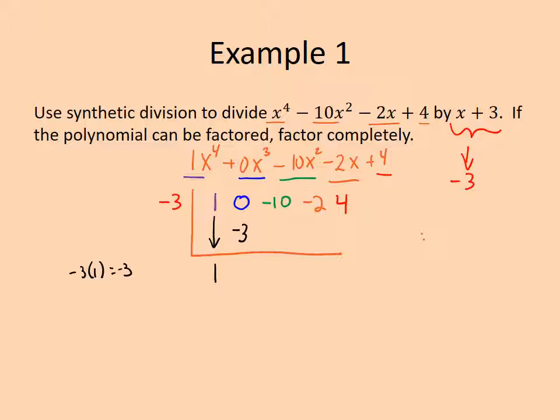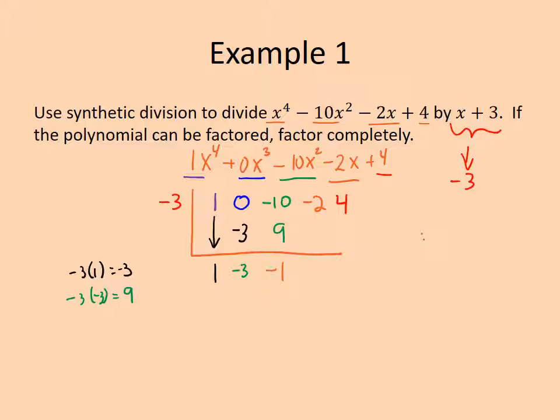Then you add down. So 0 plus negative 3 is negative 3. Now I'm going to take this negative 3 and I'm going to multiply it by the number on the outside. So I have negative 3 times negative 3, which is 9. 9 goes under the negative 10. Now, the columns we always add. So negative 10 plus 9 is negative 1.